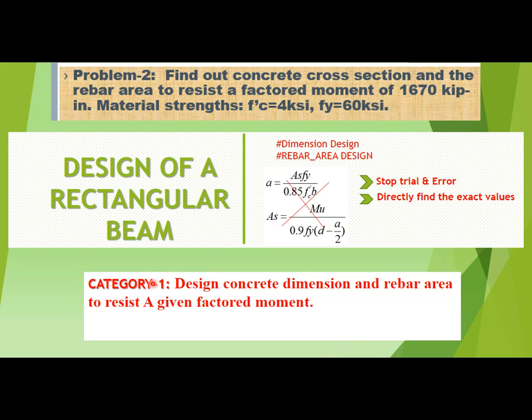This is a problem of category 1. Actually, it's a continuous course of designing a beam, and I have chosen category 1 at first, which states the design of concrete dimension and rebar area to resist a given factored moment.